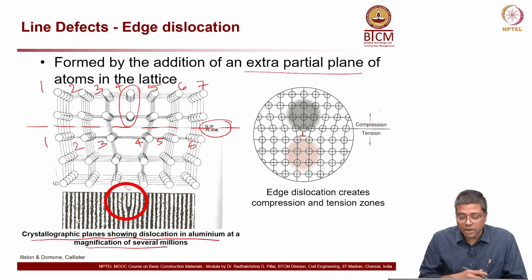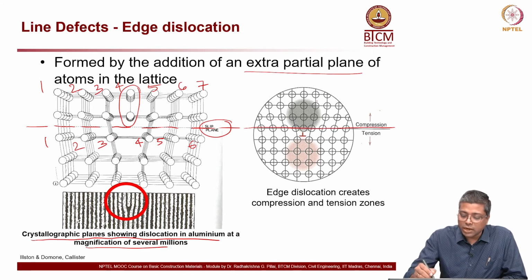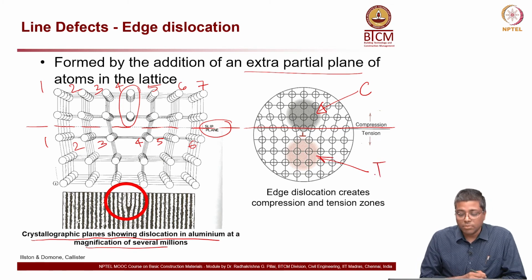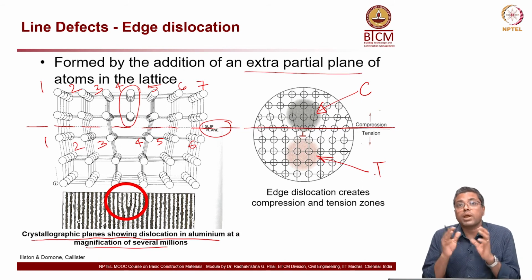Now, what is its impact? As you see, on the top half, above the slip plane, the gray region will have some kind of compression, and this region will have some kind of tension, because in the top half you have more atoms to be occupied in the same space.